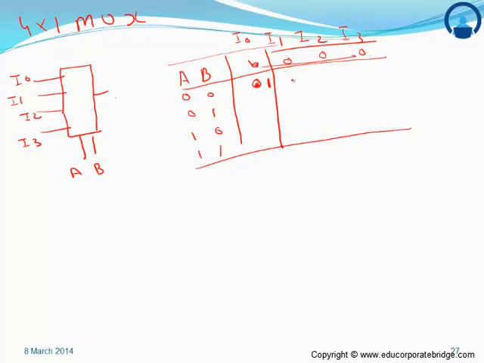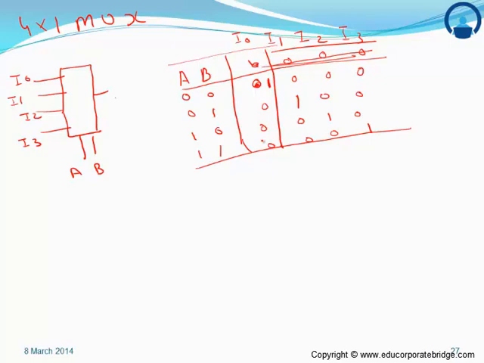I0 is selected, so high, rest all are 0. Now for AB equal to 0 1, I1 is selected, so I1 will be 1, rest all 0. Similarly, I2 will be selected when A is 1, B is 0, rest all 0. I3 is selected in this case, rest all 0.